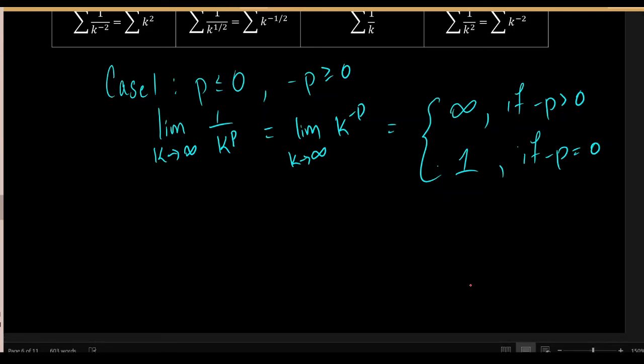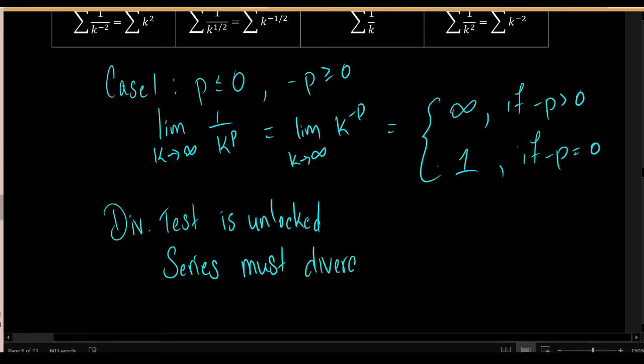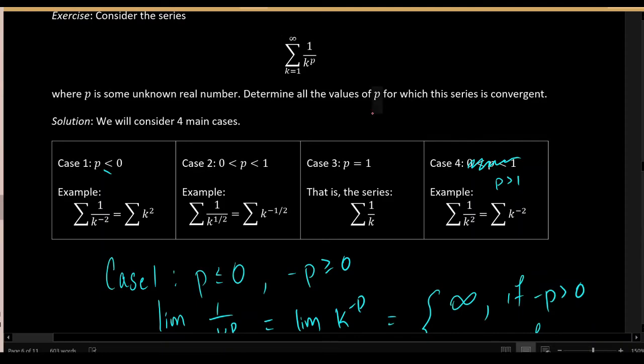It's either diverging to infinity or it's converging to 1, which is not equal to 0. Which means that in either case, the divergence test is unlocked, and we can conclude that the series must diverge. So case 1, where the power of this series was less than or equal to 0, we have concluded that the series must diverge in this case. So I'll put a D for diverge here.